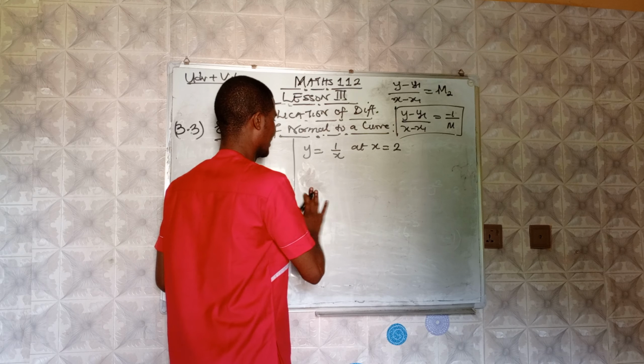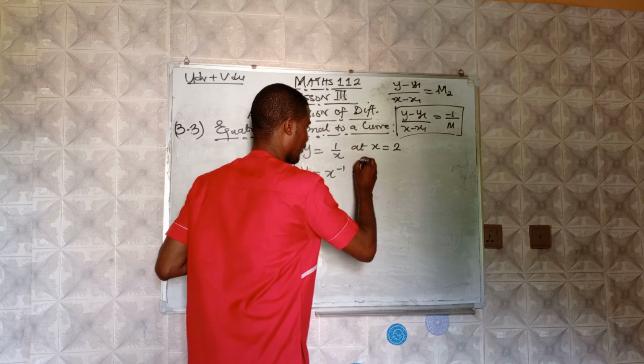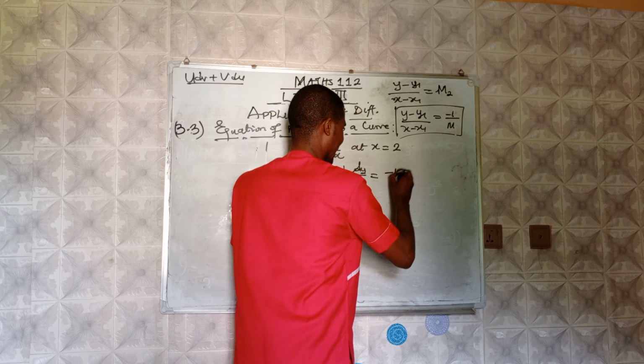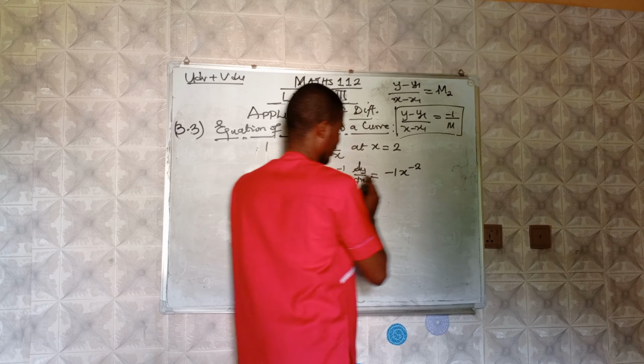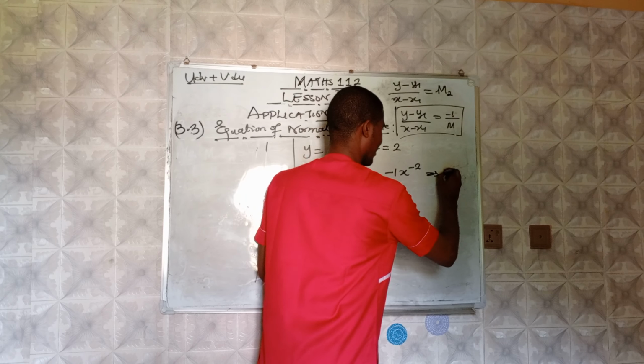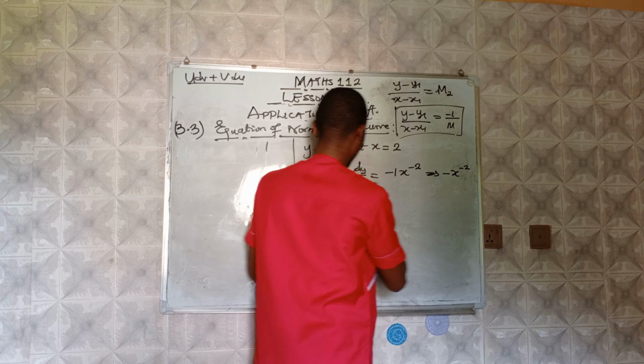So I will have dy over dx. This is the same thing as y equals x raised to power -1. Therefore, dy over dx is -1 times x raised to power -2, which is the same thing as -x raised to power -2.